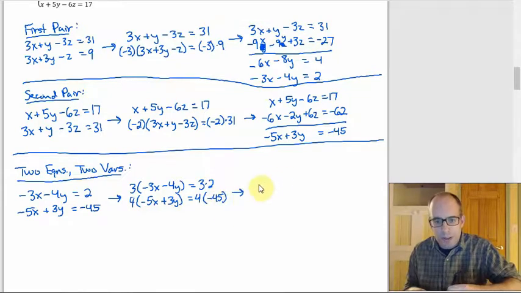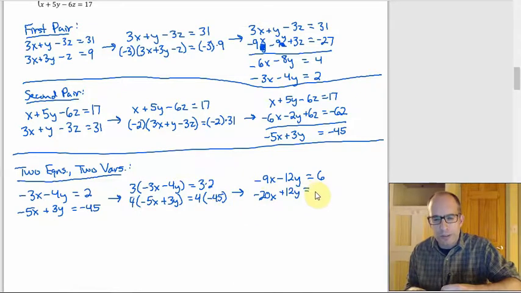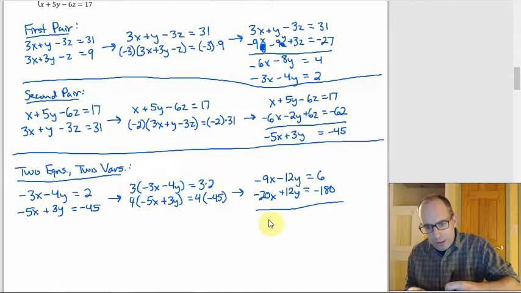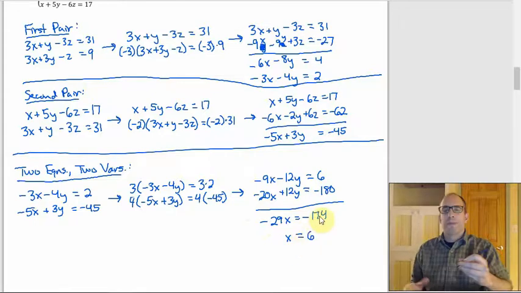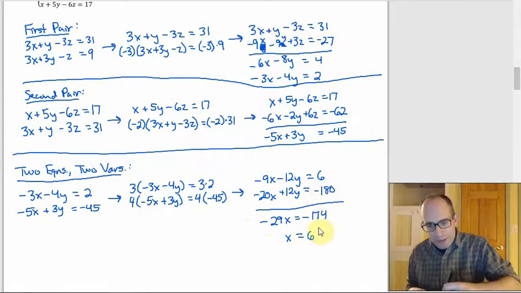Then on top, we have negative 9x minus 12y equals 6. And on the bottom, minus 20x plus 12y equals, let's see, 90 times 2, so minus 180. If I add those together, I get negative 29x equals negative 174. x is 6. 29 times 6 will give you 174.